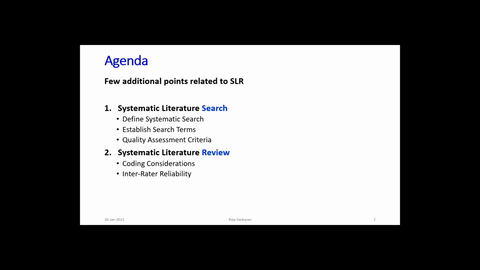Anything more than one is what this refers to. I'll talk about some of the concepts here very briefly, because I will be focusing only on what is required in SLR, but there are very key considerations when it comes to quality research, and I do have a quality-related paper that I published in one of the ABDC journals as well.